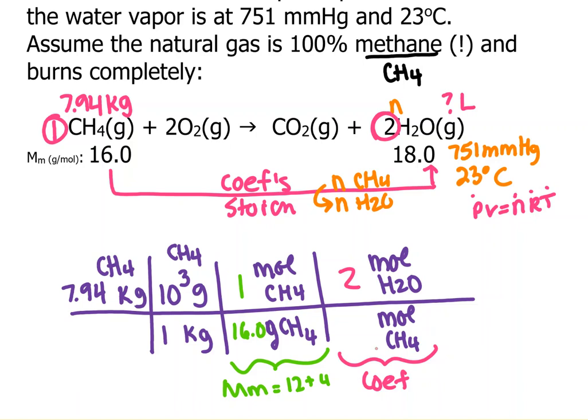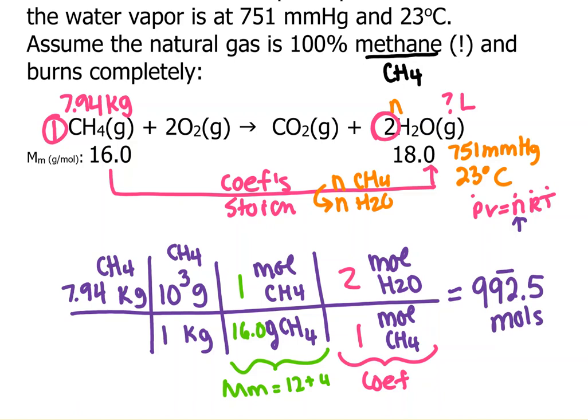So a 2 for the water, 1 for the methane. Okay. And then a lot of times we would go to grams, but we don't need to, because we're going to use it in that equation there, and that is moles. I'm carrying extra digits just so I'm not rounding with each step.